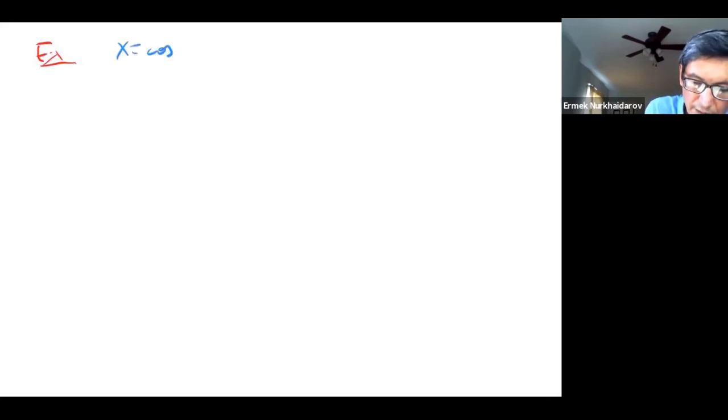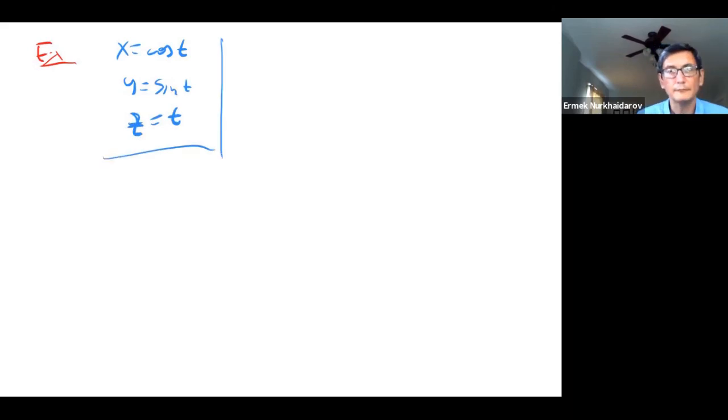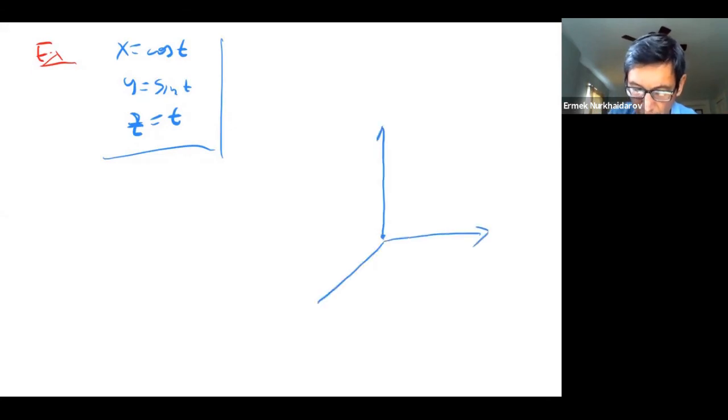X equals cosine t, y equals sine t, z equals t. So what is happening? That's essentially a circle, but you stretch the circle, kind of raising it from the xy plane. So you start at the bottom on the xy plane. Let's see if I will succeed in graphing.